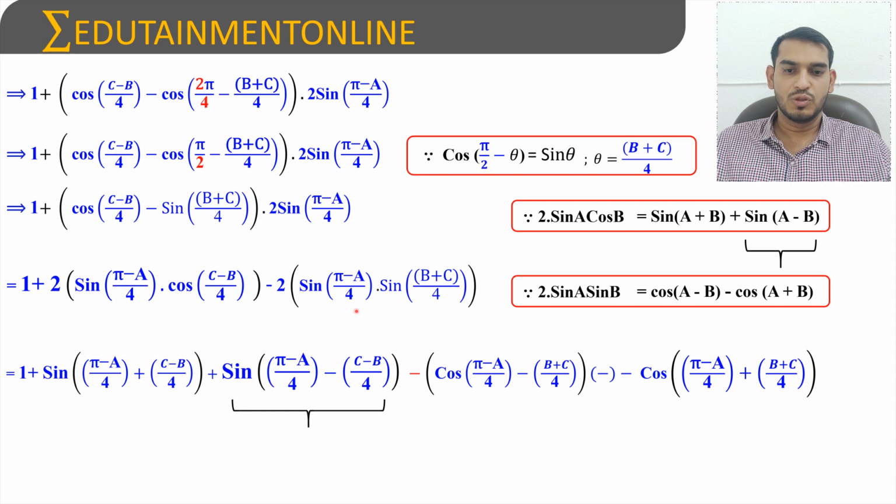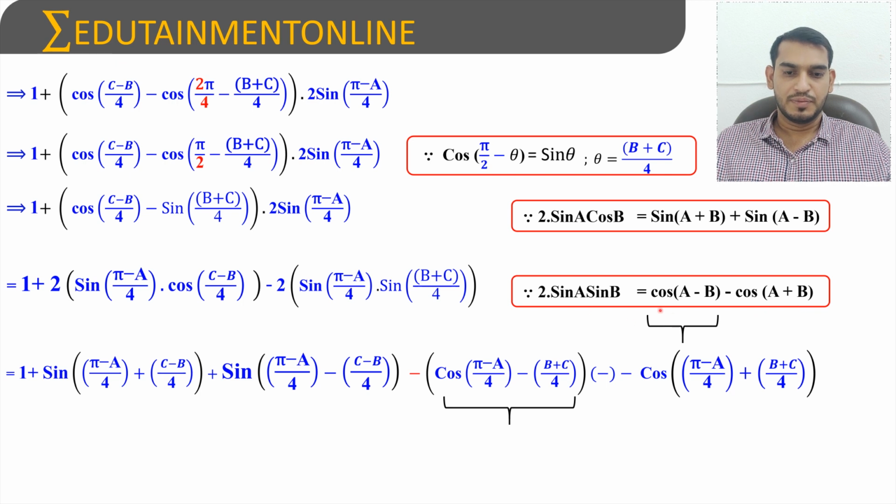Here we have 2 sin A sin B. 2 sin A sin B is nothing but cos(A − B) minus cos(A + B). So cos(A − B) is cos of (π − A)/4 minus (B + C)/4, minus cos of (π − A)/4 plus (B + C)/4.